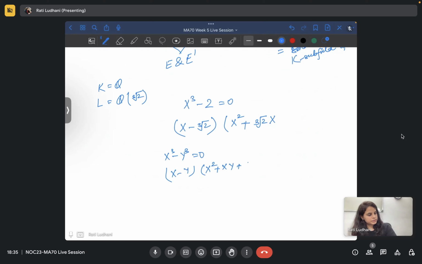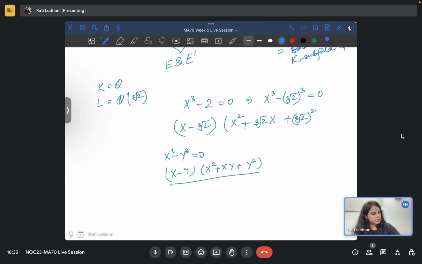Yeah, exactly. So you have y squared, so you have cube root of 2 squared, and you will have x into y. So you can write x cubed minus cube root of 2 cubed equals 0, and I use this formula. So you get this.